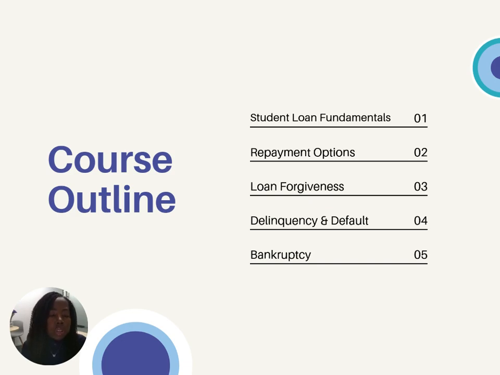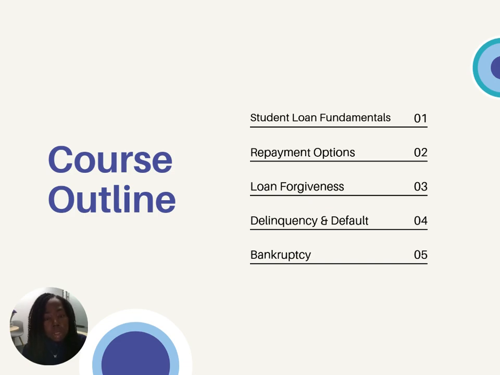For those of you just joining, I just want to give you an overview of the course and what we've covered and what we will be covering. So, in the first class, I talked about the fundamentals of student loans, like the differences between private and federal, and the different types of loans, and just the basics of figuring out what kind of loans you have and things like that.